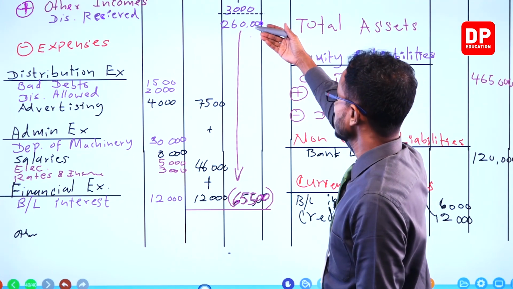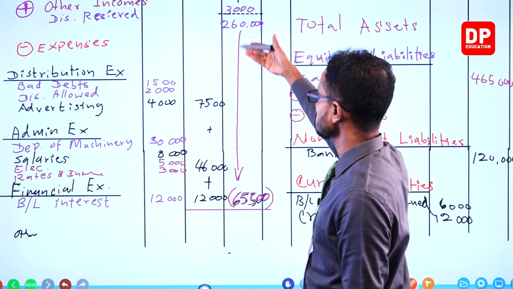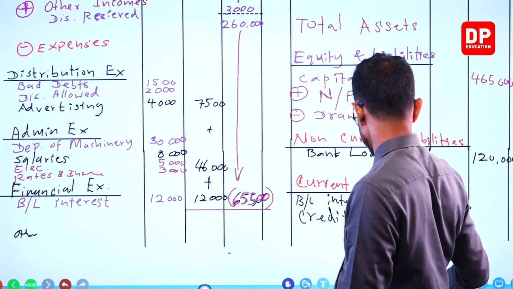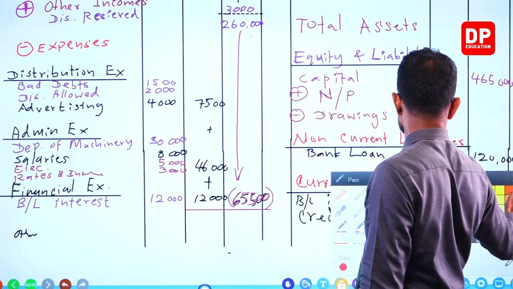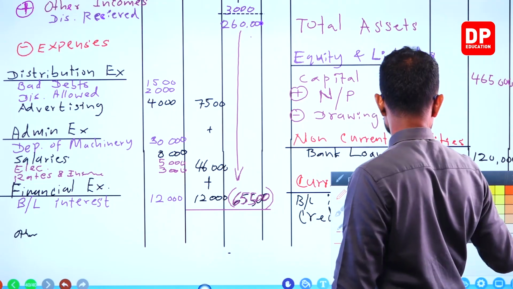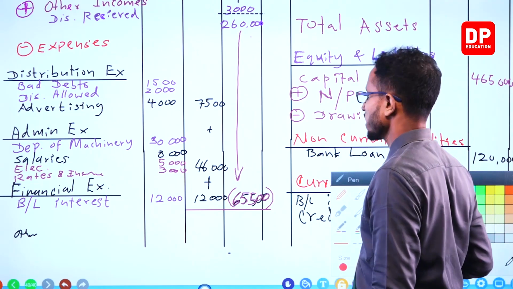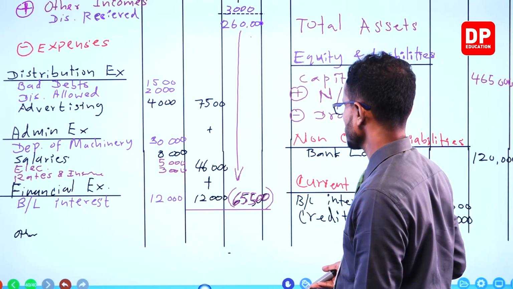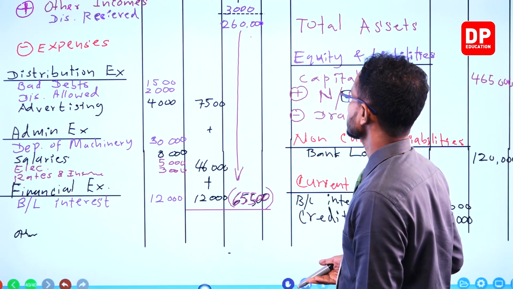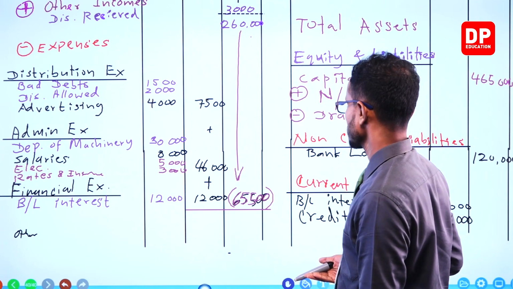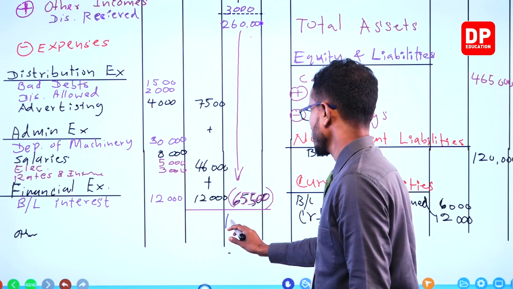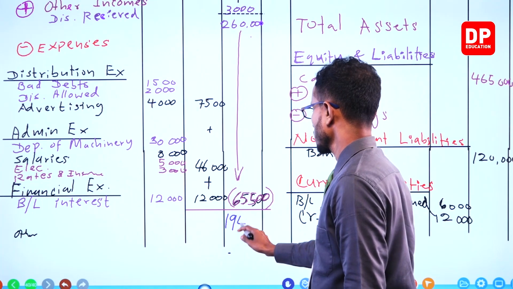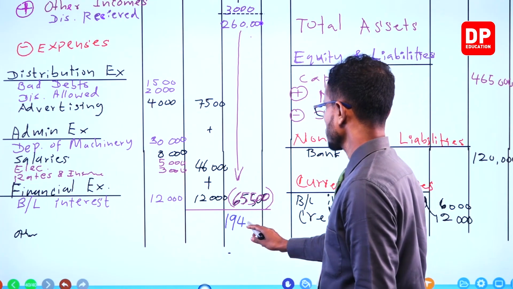Let's do it. From 260,000 minus 65,500. You get 260,000 minus 65,000, 194,500.